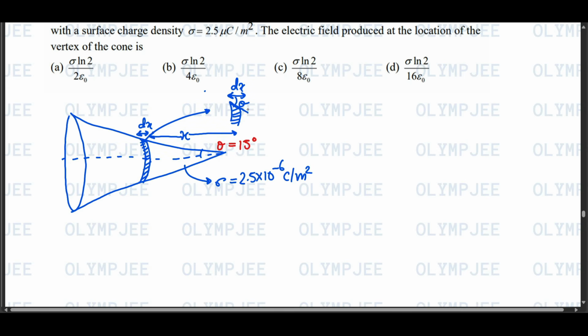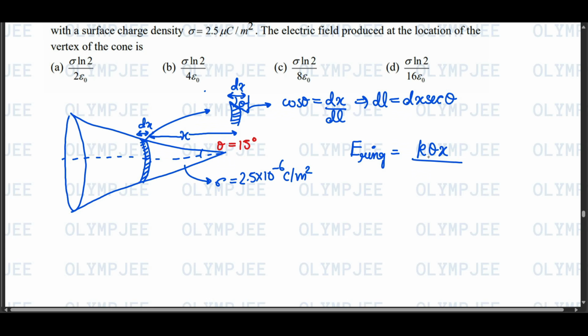So this distance we can calculate as, this will be perpendicular, so cos theta is equal to dx by dl. So dl we will get as dx sec theta. This was the tricky part, that we do not have to take this as dx because this is not horizontal. So now due to ring, we know that at a distance x the field is given as kq multiplied by x divided by (r square plus x square) raised to power 3 by 2.